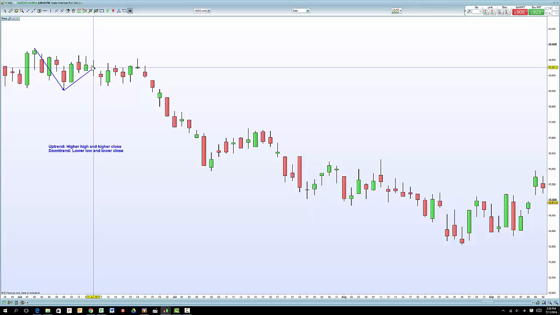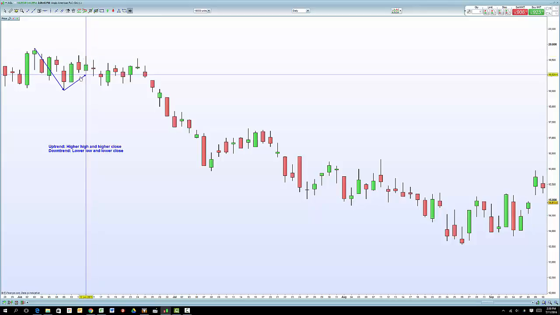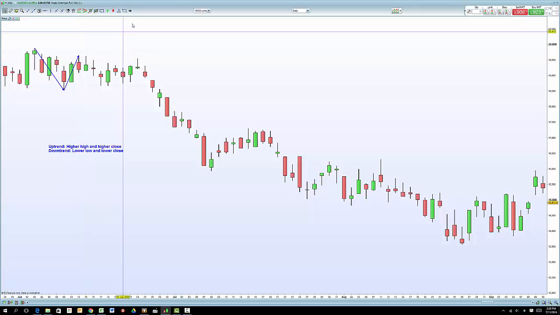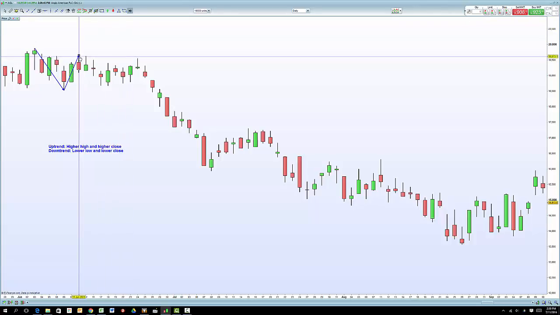This candle has a lower low than this candle and a lower close. So now we can start the downtrend. But where do we start the downtrend from? We look at the highest point in this uptrend right there. So now we're going to start our downtrend. Lower low, lower close, downtrend.